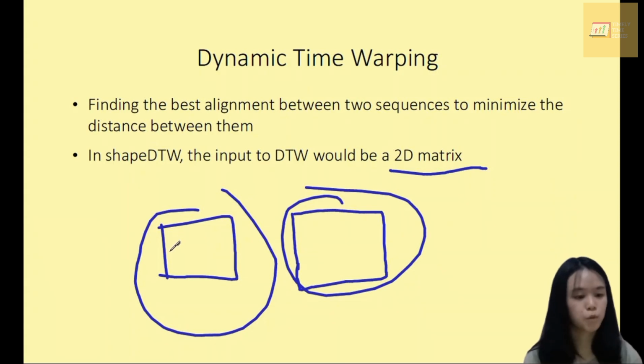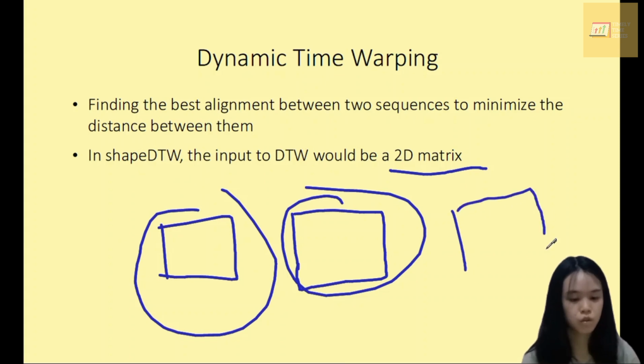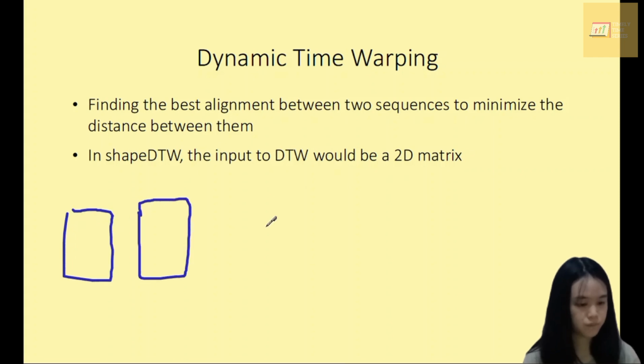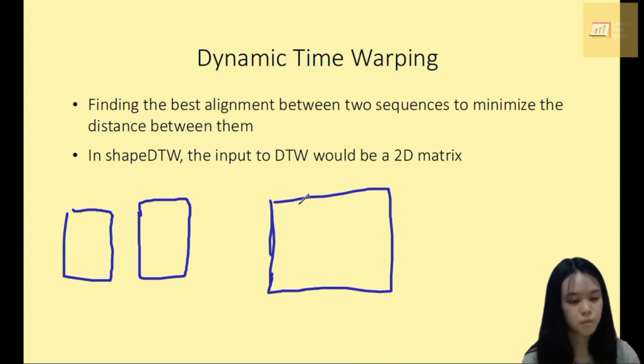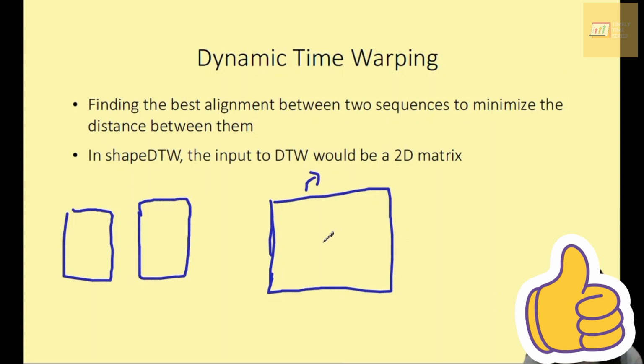Okay, to do this, we make another matrix that is going to cover the distance between each element. Okay, this distance matrix would be a square matrix. Again, the distance matrix would be square if the total rows in both matrices are the same.